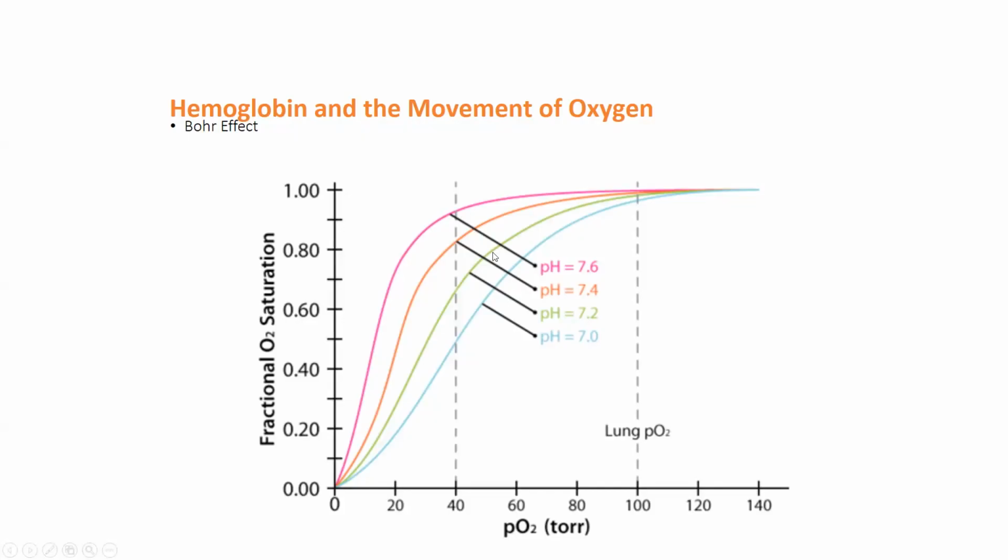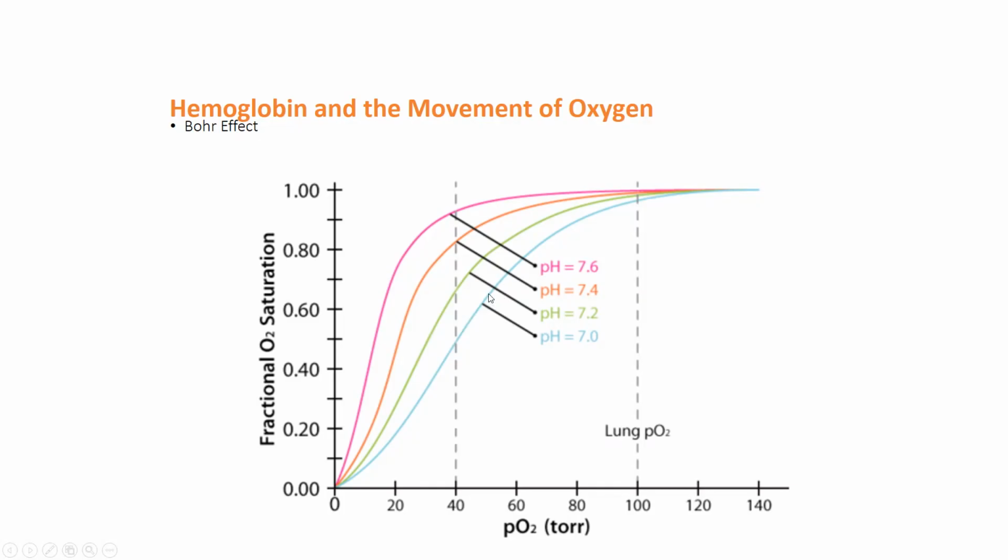And that shows you, as we shift to the right, this is the Bohr effect. You see pH, the pink is pH 7.5. Blue is 7.1. That's the most acidic, that's the most dangerous. So that's going to cause less saturation of oxygen, because hemoglobin is going to say, oh, blue needs oxygen. Let me unsaturate myself. Let me have low affinity for oxygen.